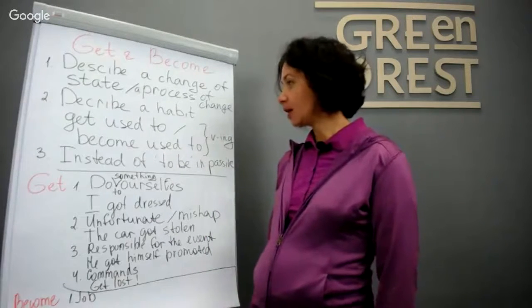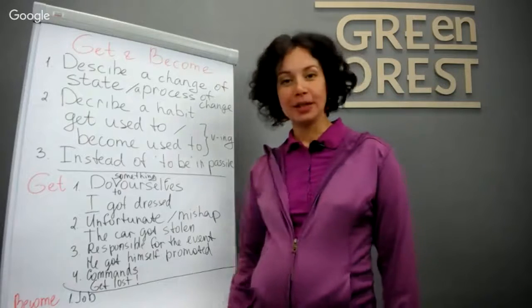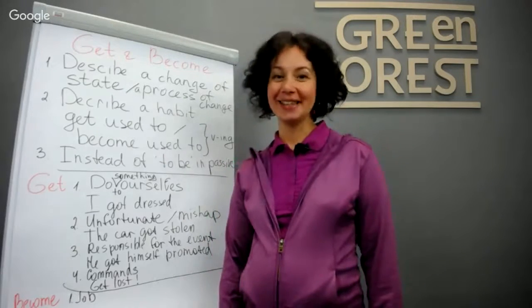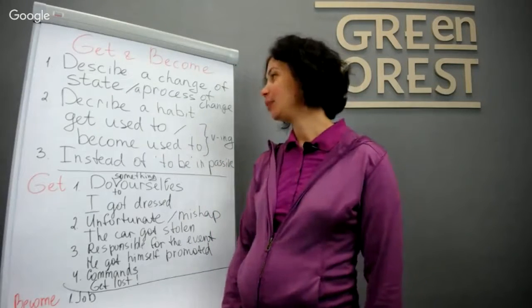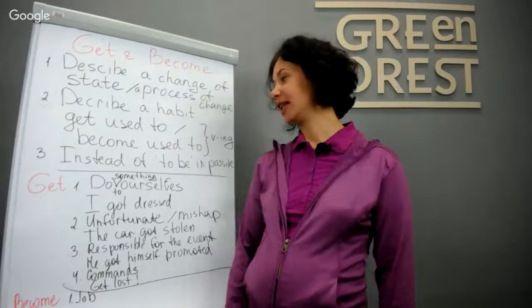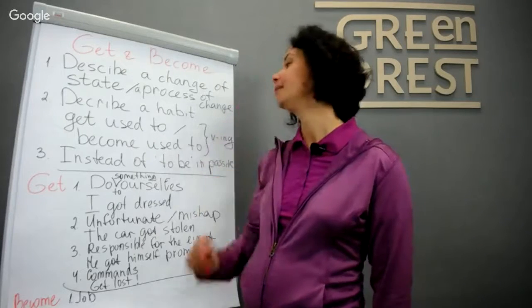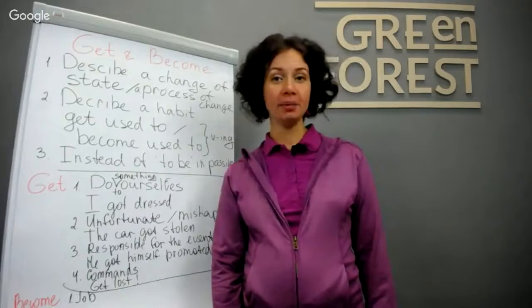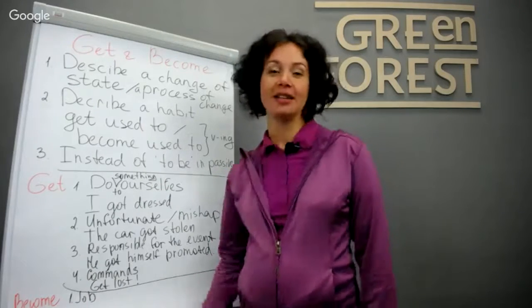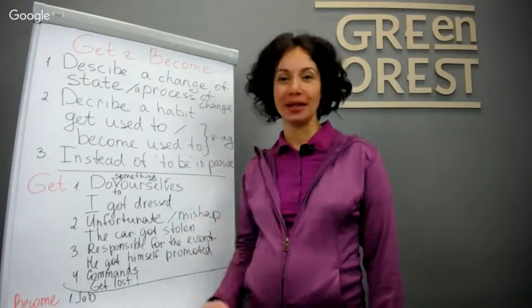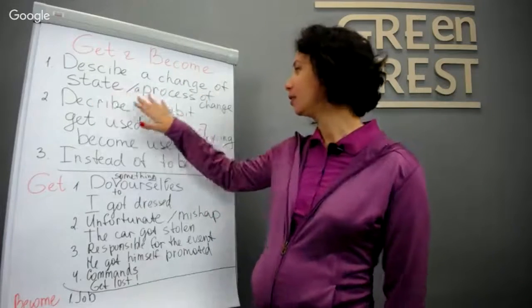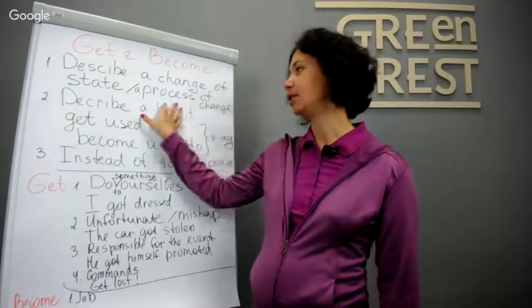Well, these are all the rules that I was planning to tell you. I guess that's enough. I wanted you to keep in mind that in most cases, after get and become, we use adjectives. This is the most common case. And in all of this, like over here, we use adjectives.